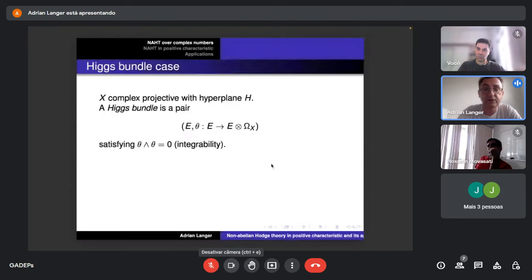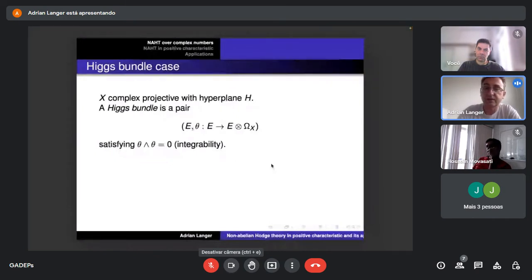So this is a torsion-free coherent sheaf, with an O_X-linear map from your sheaf to the sheaf tensored with one-forms on your variety. And this should satisfy some kind of integrability condition.